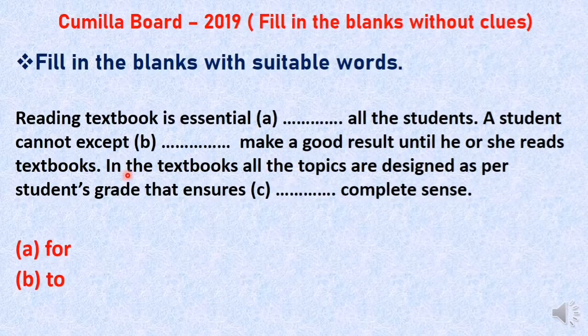Now look at the next sentence. In the textbooks, all the topics are designed as per student's grade that ensures dash complete sense. Here we need one article, and that article should be a, because in the word complete, the first sound is like a consonant.